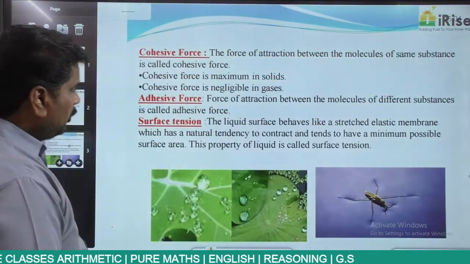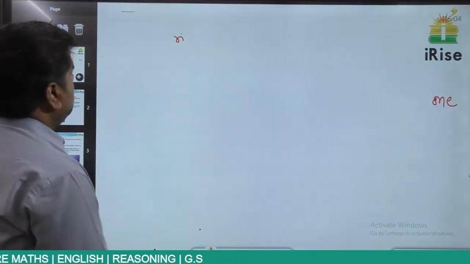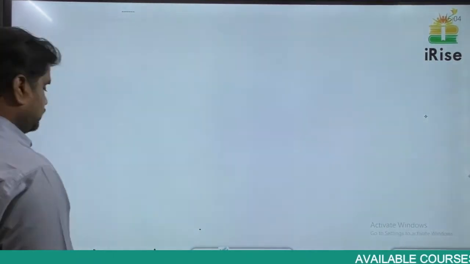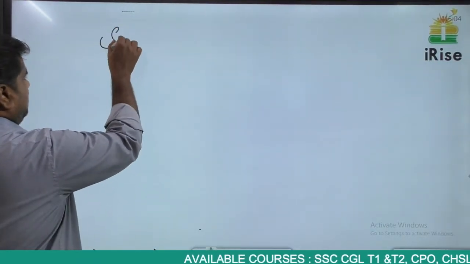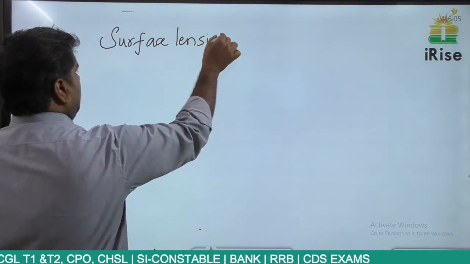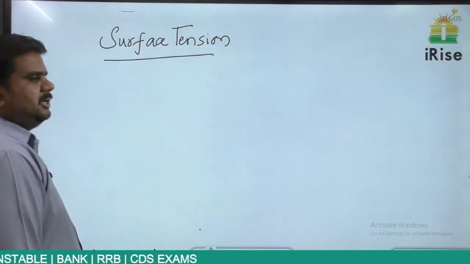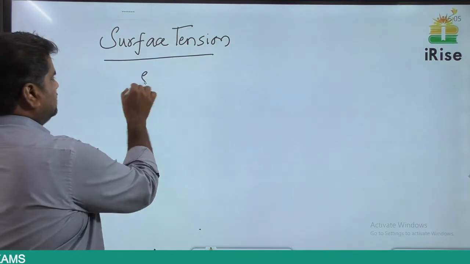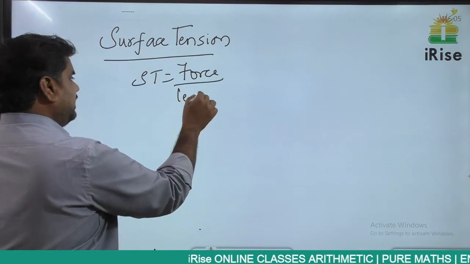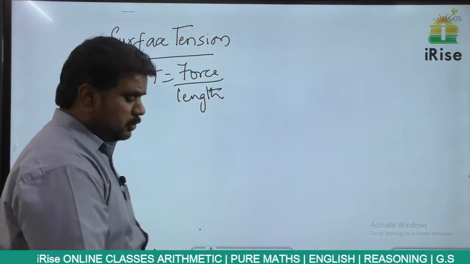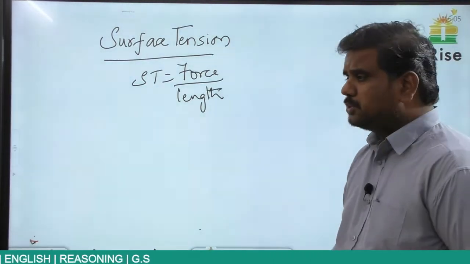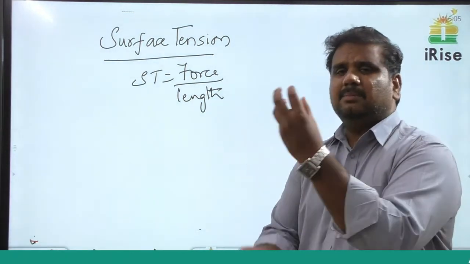Then, moving on to the next one. That is the case of surface tension. Surface tension is basically a force acting per unit length, and because of this force, mercury drops, water drops or oil drops always try to have the minimum area of cross section.